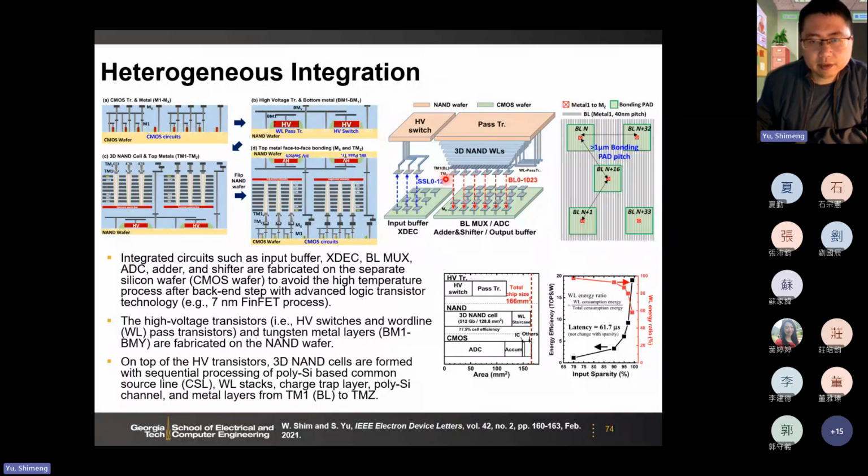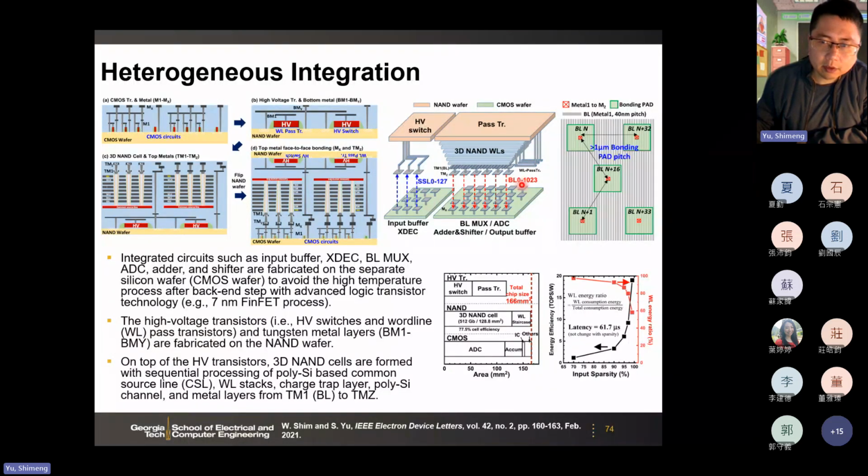Then you can have the best system-level benefits because the data transfer could go directly through the face-to-face bonding. Today, hybrid bonding technology has been developed by the industry. So there are many opportunities in heterogeneous integration.